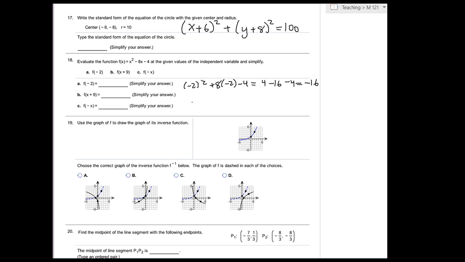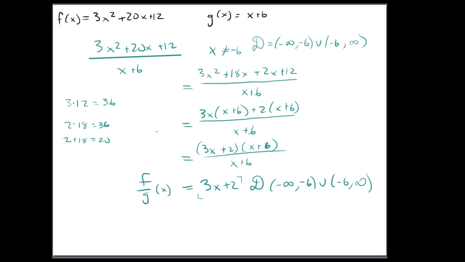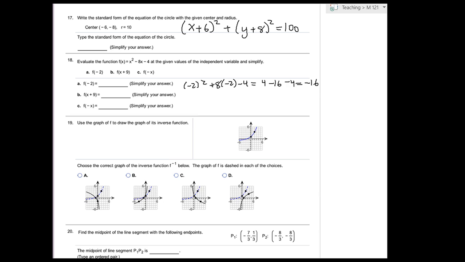At x plus 9, let's give ourselves a little bit of space. x squared minus 8x minus 4 at x minus 9 plus 9.